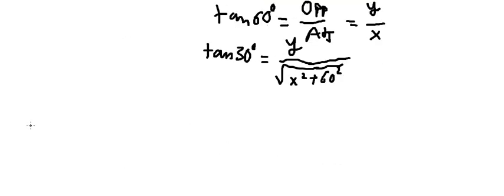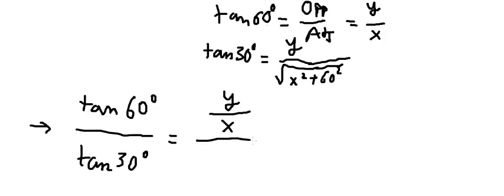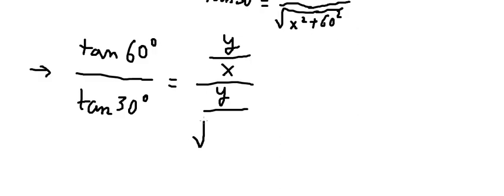So we can use the ratio tan 60 degrees divided by tan 30 degrees. For tan 60 we have y over x. For tan 30 we have y over the square root of x squared plus 3600.